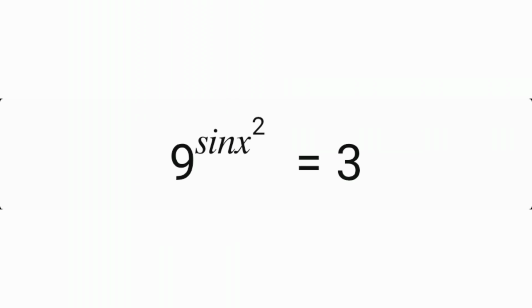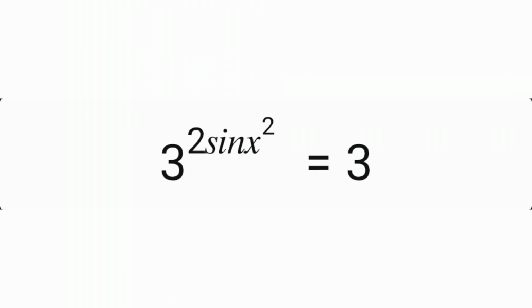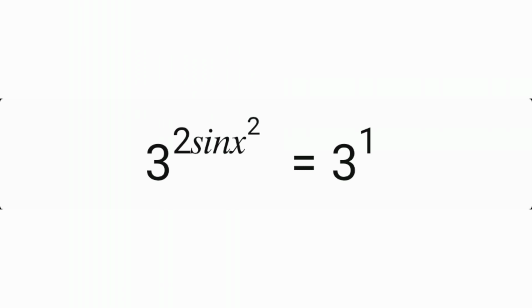So equating 9 power sine squared of x being equal to 3, from here we are going to obtain the value of sine squared of x by noting that 9 is the same as 3 squared. So we substitute 9 with 3 squared, so that now we have 3 power 2 sine squared of x is equal to 3, and 3 is the same as 3 power 1.